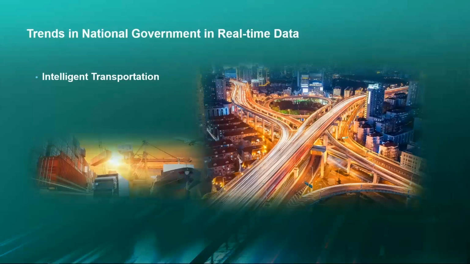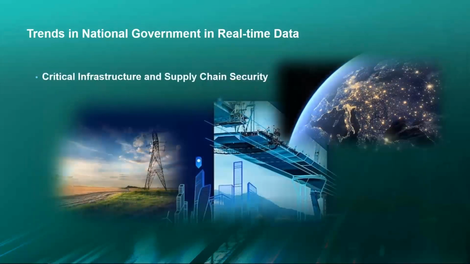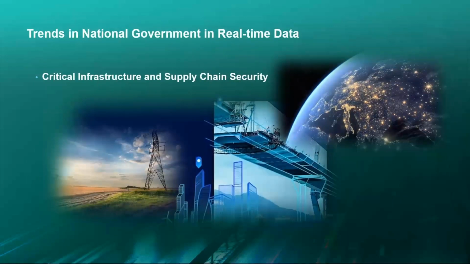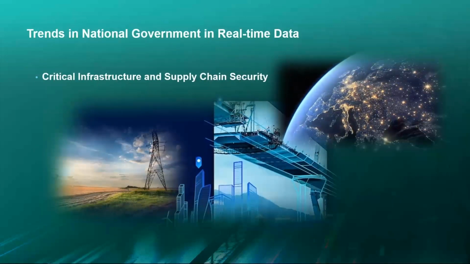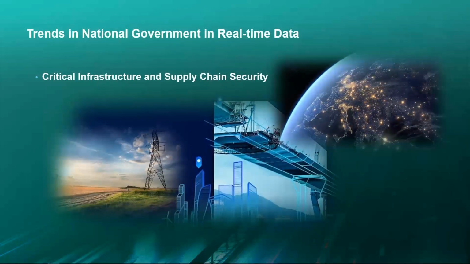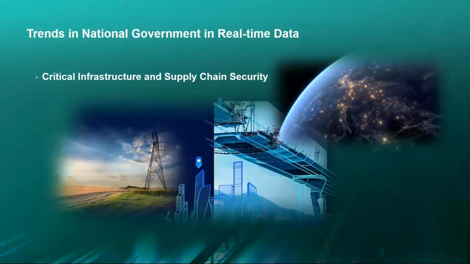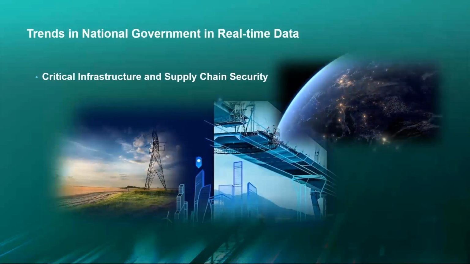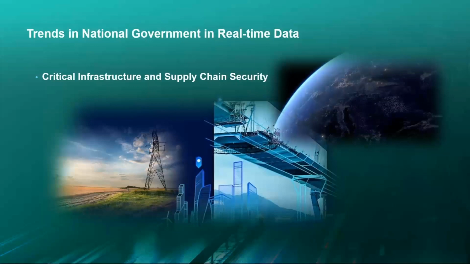And finally, we've observed the need for real-time data in helping to secure our nation's critical infrastructure and supply chain workflows. From awareness of facility status to disruption in a supply chain resulting from asset tracking as conditions are monitored throughout the supply chain process.